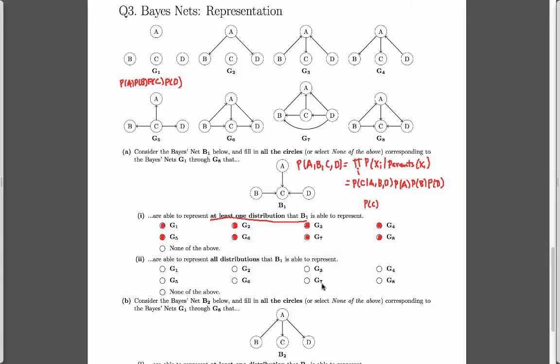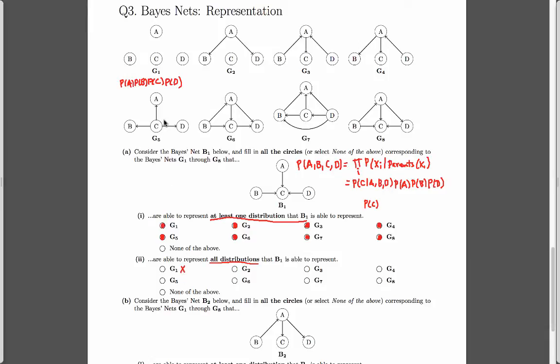So this is asking which of the graphs are able to represent all of the distributions that B1 can represent. B1 can actually represent distributions that are more complicated than just the distribution that we discussed in the above question. So for example, if we look at G1, this graph cannot represent all the distributions that B1 can represent, because the probability of C might depend on the values of A, B, and D. So this is not correct.